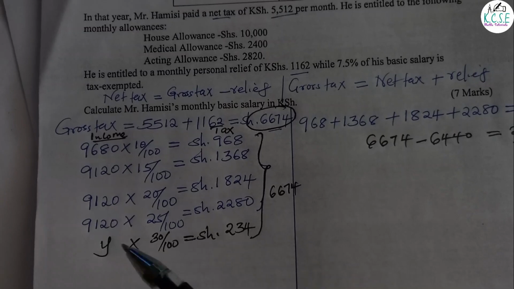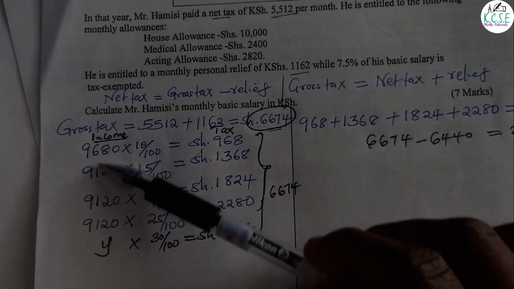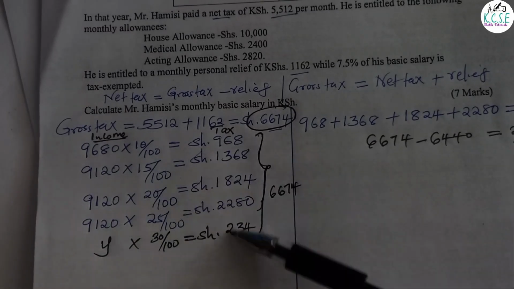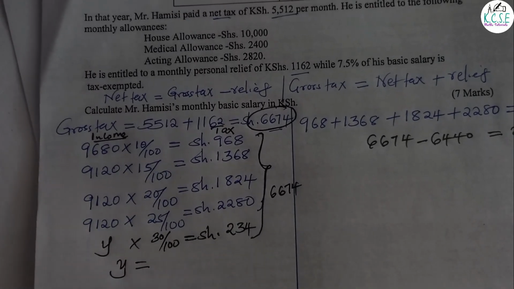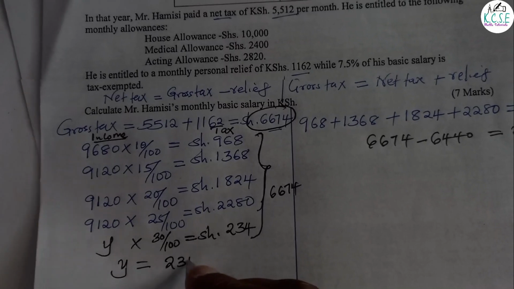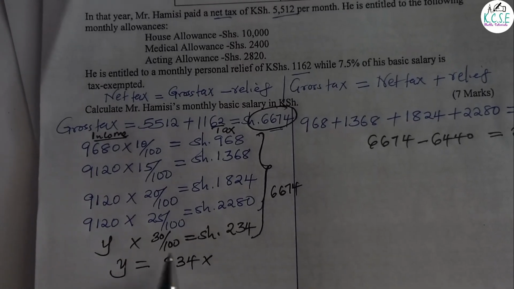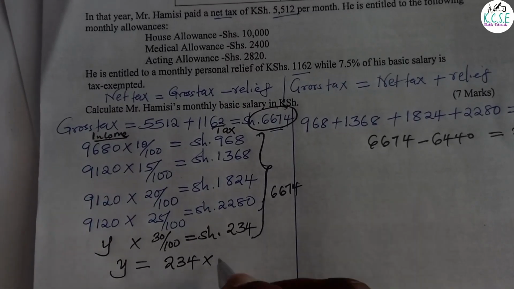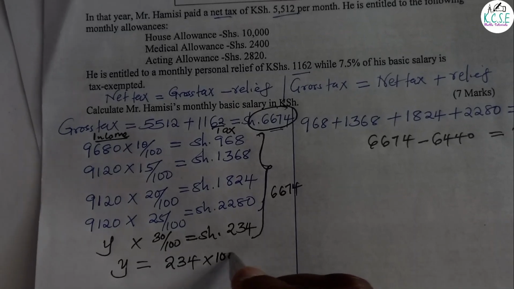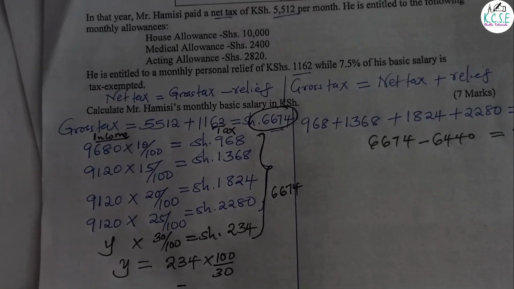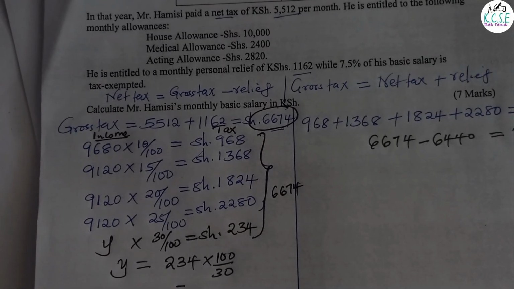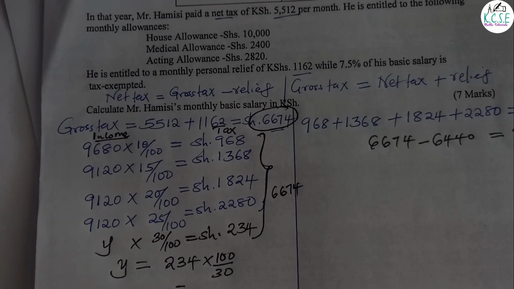Remember, in this column, this is the taxable income, and this is the tax. So y is given by 234, and you multiply both sides by the reciprocal of 30 over 100, so it will be 100 over 30.